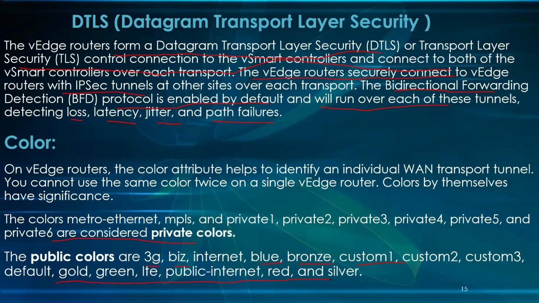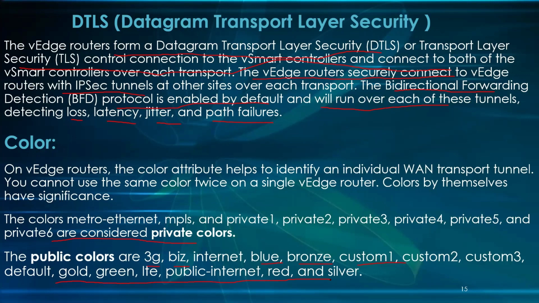These are the names. Are they predefined names, or can we configure any name? Predefined names. You can select either of them, but those are predefined. It does not say that you have to always say private 1; you can say private 2 as well.